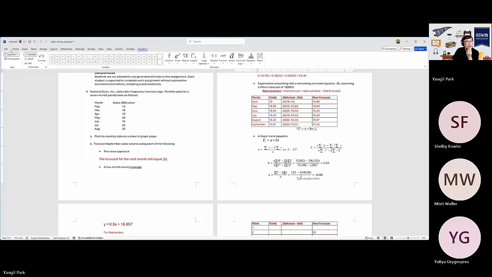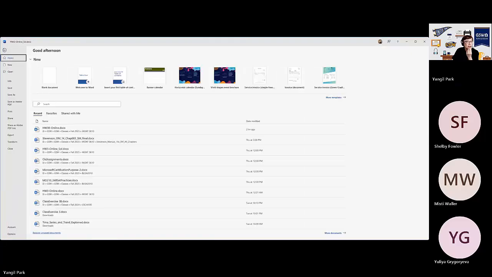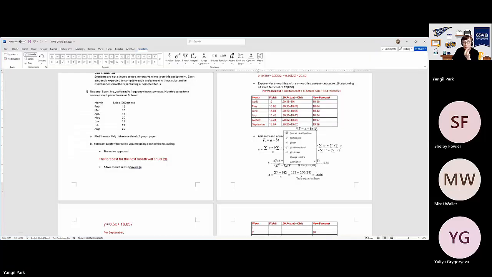Save it. Not from here. There you go. Okay, save as new equation, so that you can recycle it for next time. You don't have to type the same equation over and over.